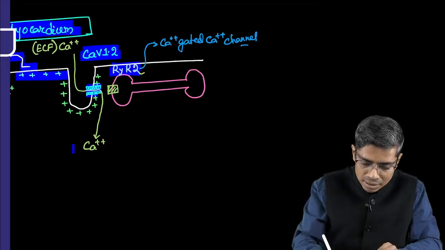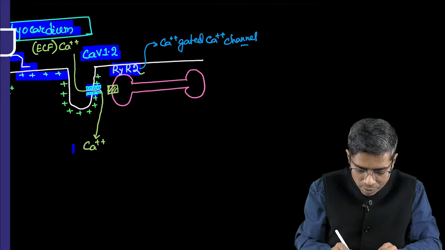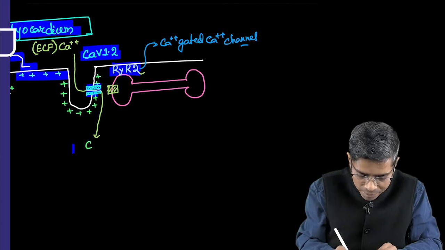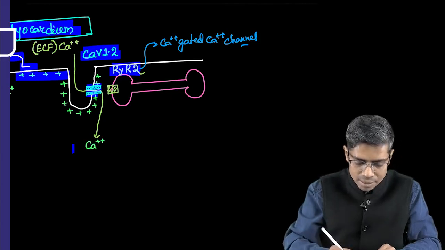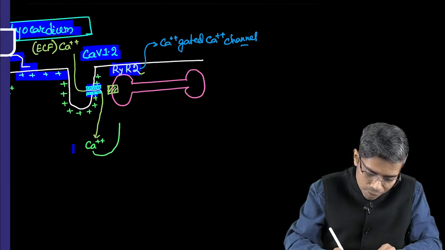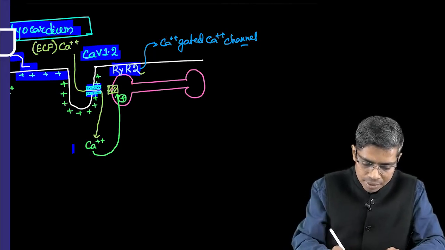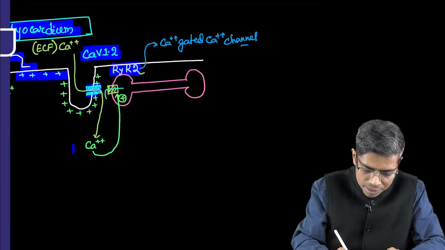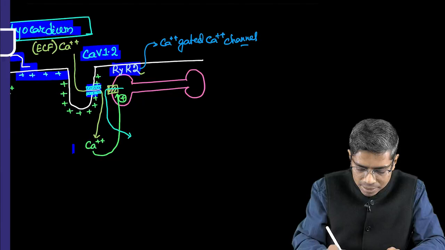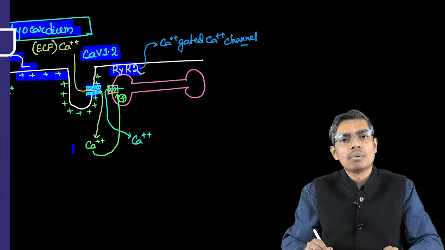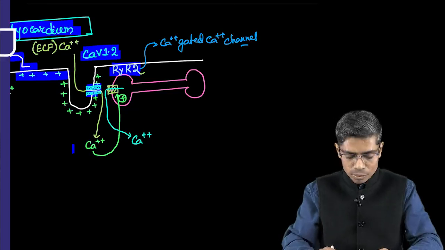So the extracellular fluid calcium which has already entered inside the cell is now going to stimulate the RYR channel. Because of the stimulation, further calcium is going to enter the cytoplasm due to opening up of the RYR channel. Getting my point? So what is happening?